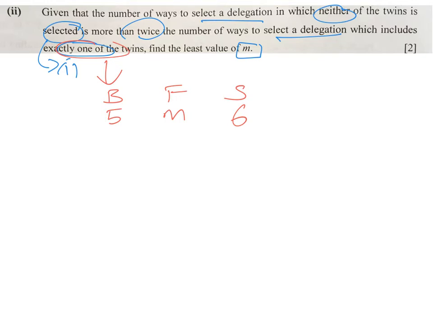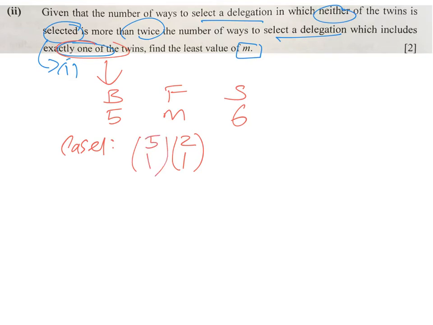So what we can do now is, again, break them down into cases. Case 1: we will have one of the twins selected from the floorball players. So the number of ways will be 2 twins, selecting 1, so 2 choose 1. Then we choose 1 player from the badminton players, which is 5 choose 1.